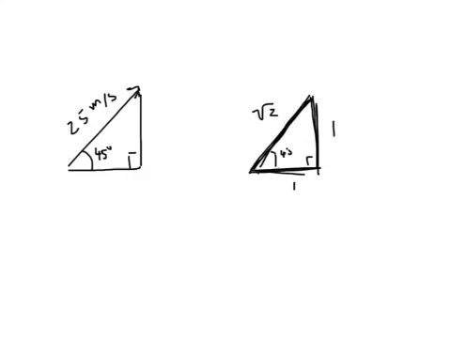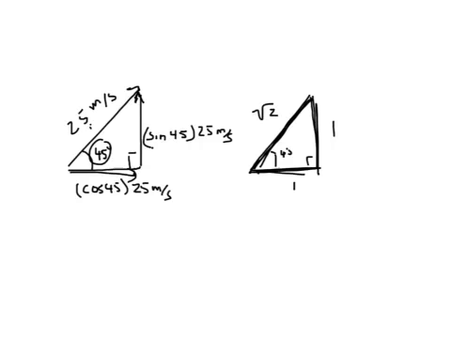So, for example, I can say that this side is equal to the sine of 45, which is this over that, times that guy right there, 25 meters per second. This side, or this component, is equal to the cosine of 45 times 25 meters per second. Now, the interesting thing here is that you could see from this over here that the sine of 45 is 1 over the square root of 2.